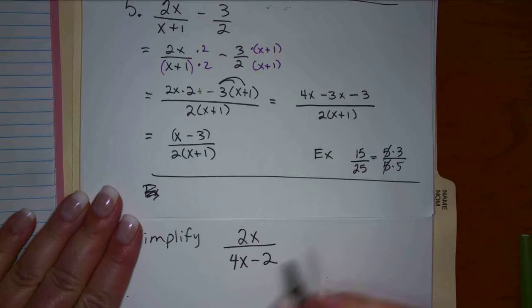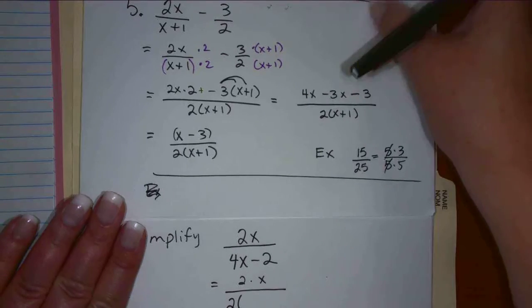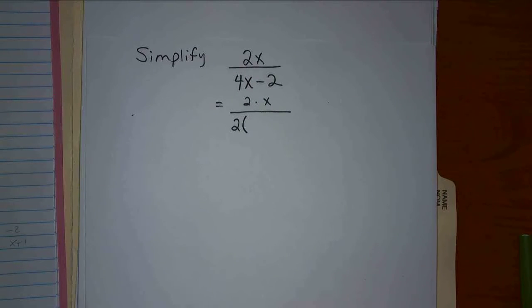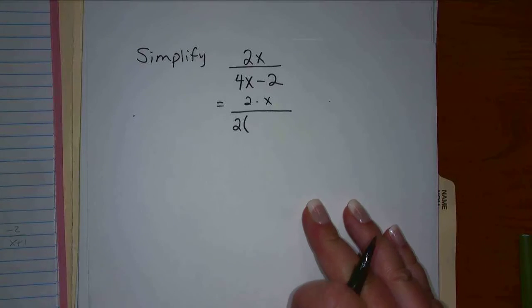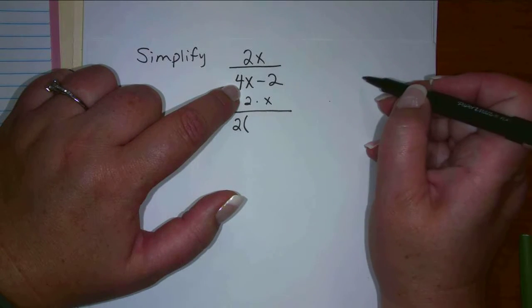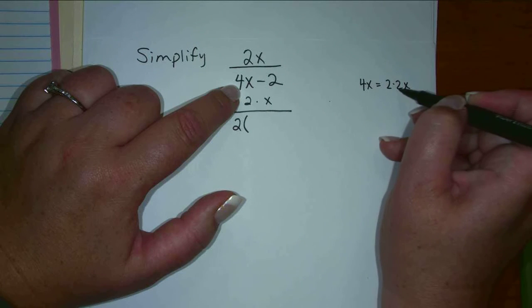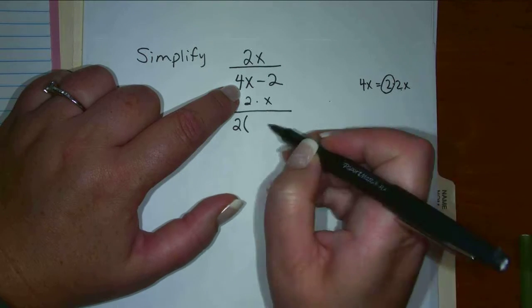So what you would do is say, well, this is 2 times x, and on the bottom, we can take out a 2. So when we take out a 2 from 4x, what do we have left? 4x is 2 times x, so if we take out a 2, we're left with a 2x.